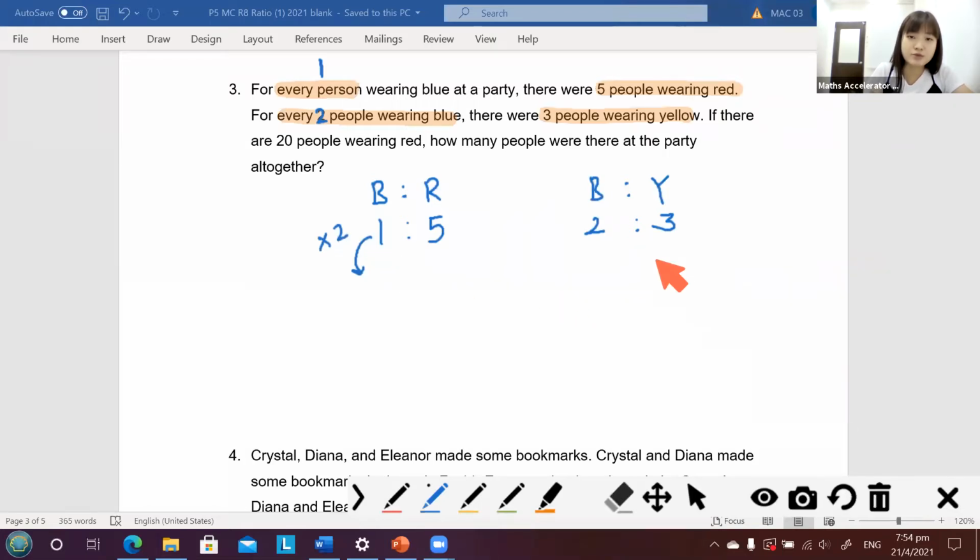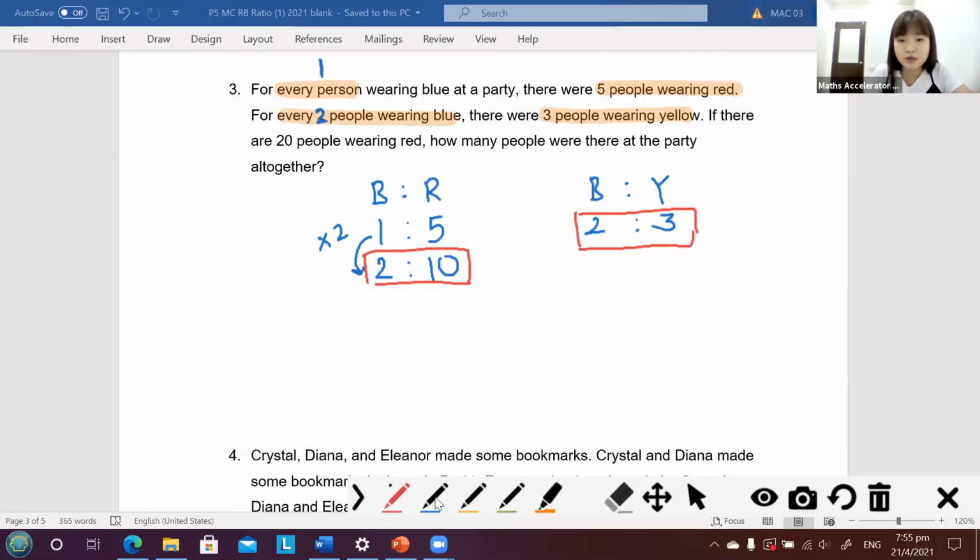So 1 here, you times 2. But just remember your 5 also must times 2, correct? So this is 10. Anything to do with the second ratio here? Nothing to do here because the blue is 2 and 2 is correct already, equivalent. So these are the ratios that we're using.